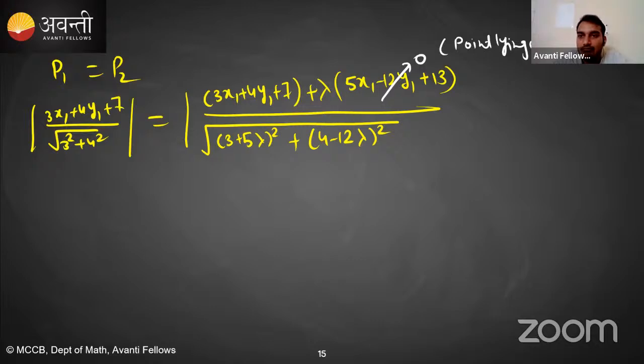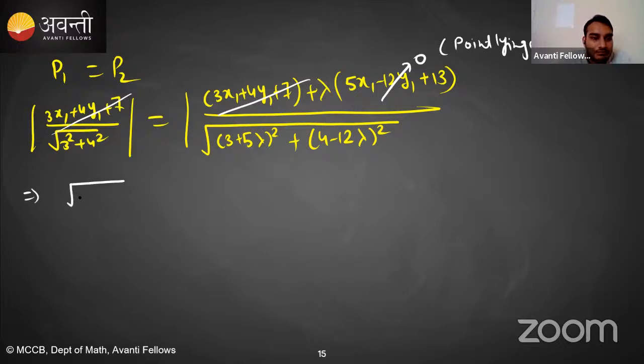That's why it is 0. Right? Now what are you left with? 3x1 plus 4y1 plus 7 upon this is equal to 3x1 plus 4y1 plus 7 upon this. And again, x1 comma y1 is some point on the normal, so on putting that point, it will be some value. So this and this are equal. So isko bhi cancel kar do. Right? So now what are you left with?